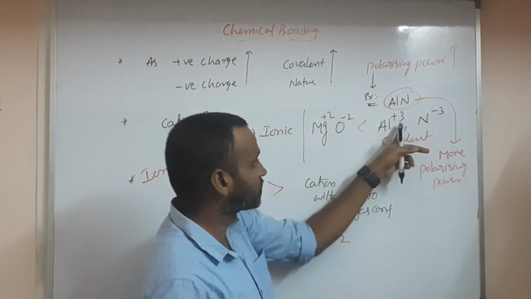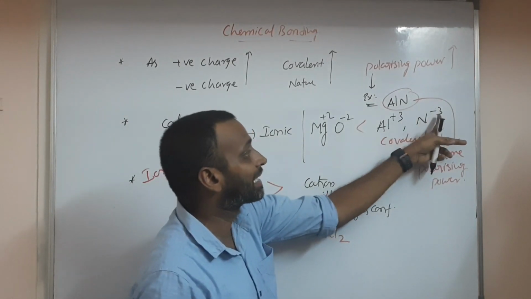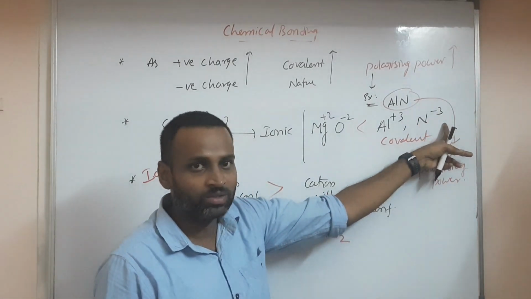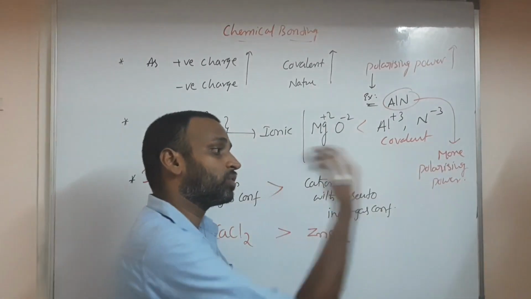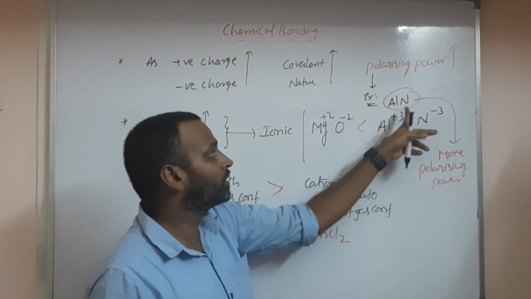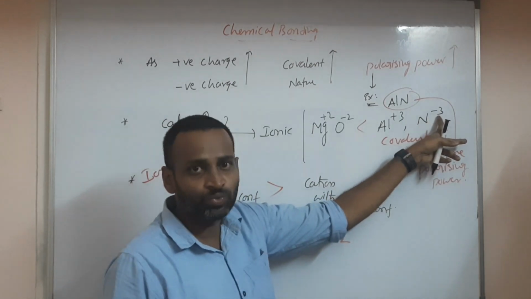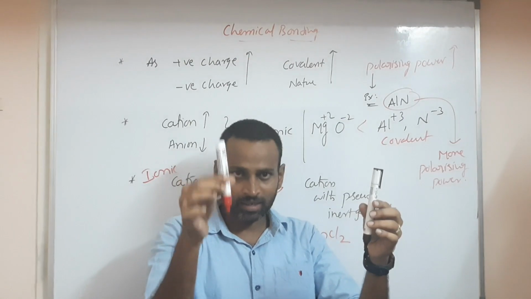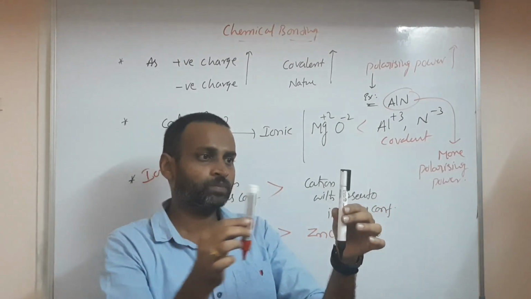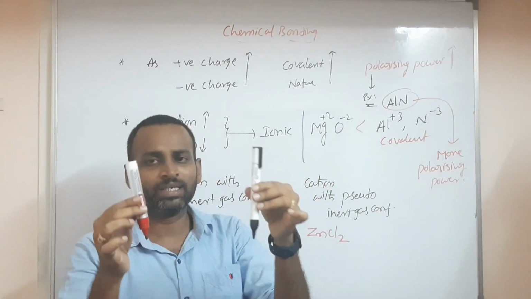So this positive charge of aluminum will attract the negative charge of nitrogen. Even though aluminum donated 3 electrons to nitrogen, after donation also the aluminum has some slight attraction towards the negative charge of nitrogen. See, this red marker is one person and this black marker is another person.